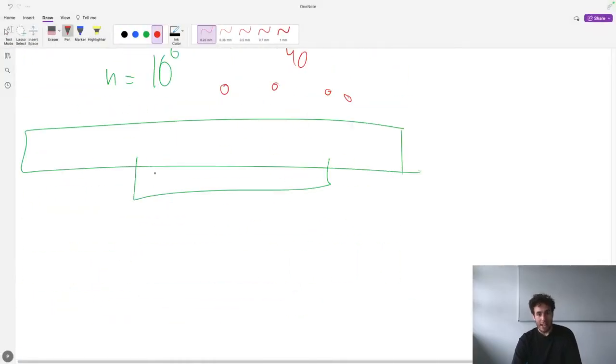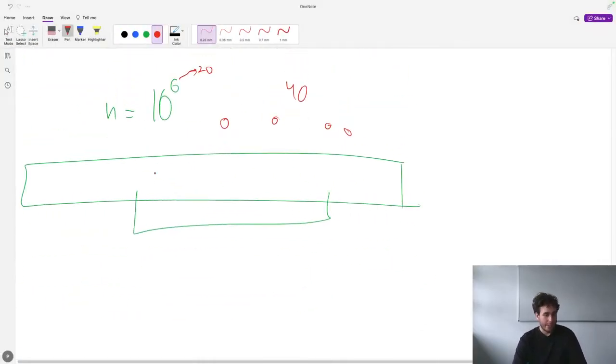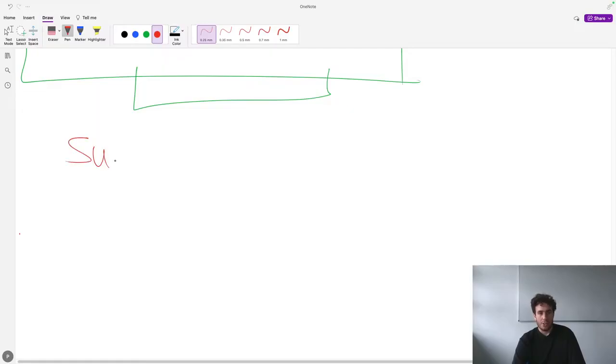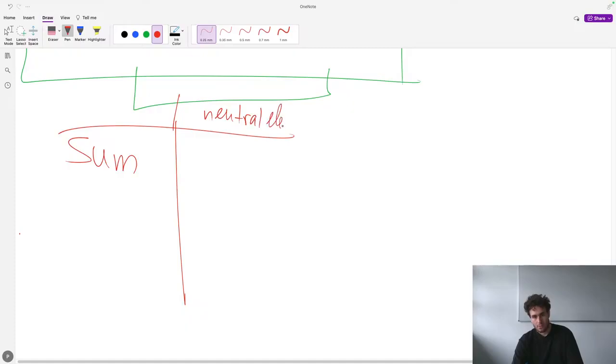Let's just play a little game. I'm gonna give you an operation and you're gonna tell me the neutral element. So if I'm trying to find a sum, what is the neutral element? What is the neutral element for sum? 0. Yeah, adding 0 doesn't change anything.